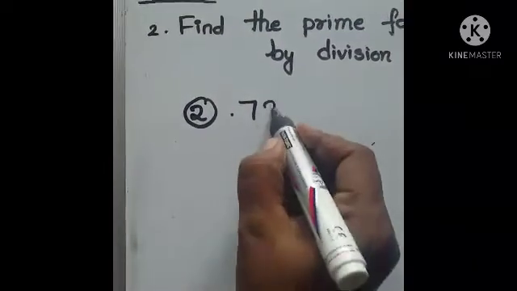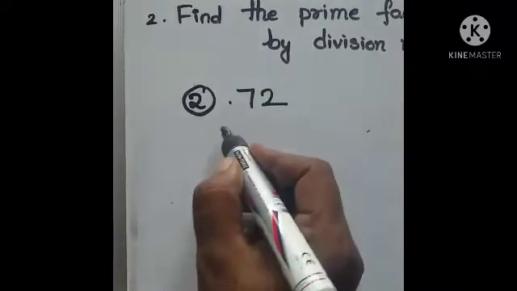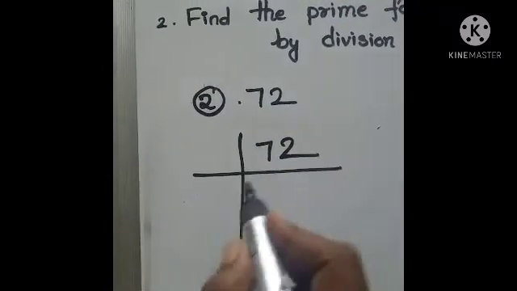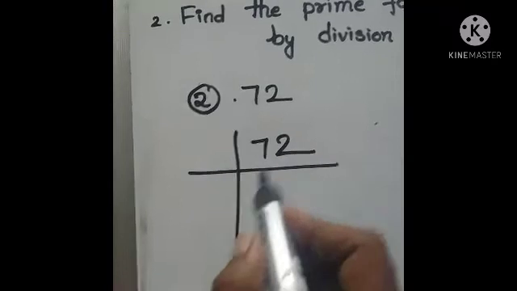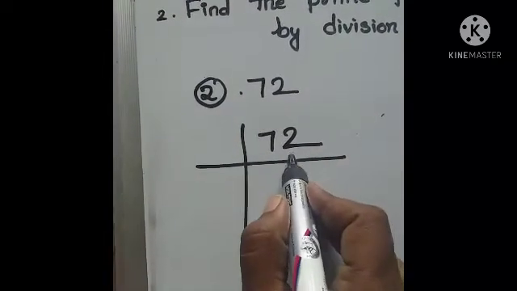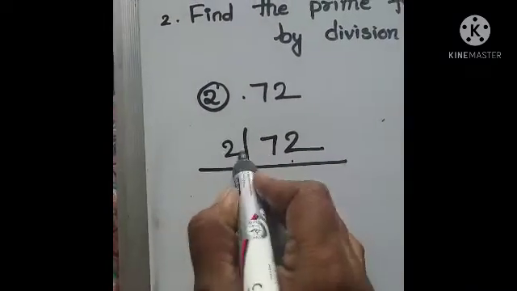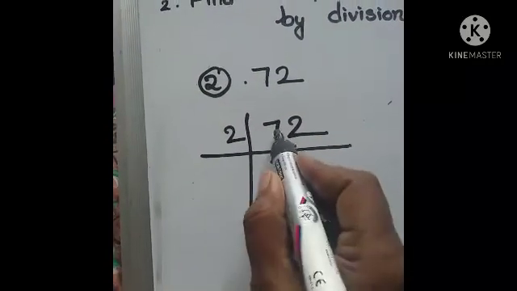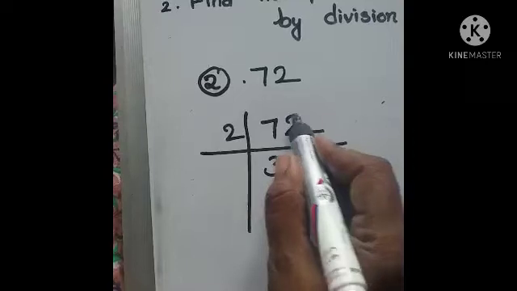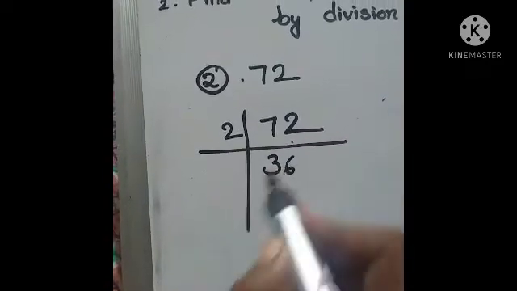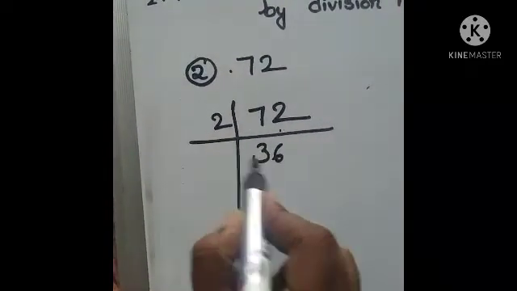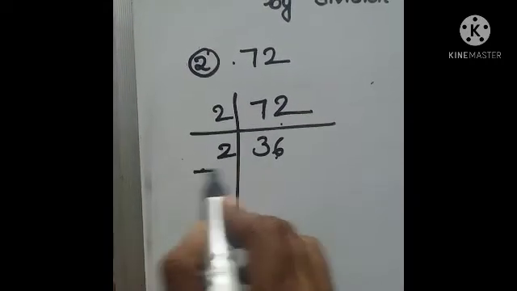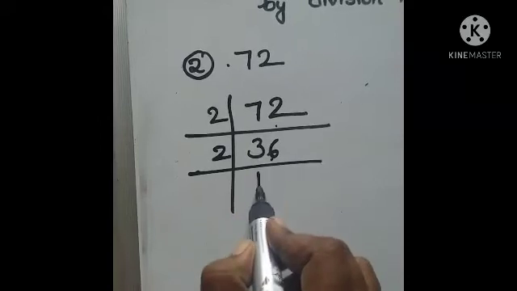Second one is 72. Find the prime factors using the division method. Here 72 is there. 2 is an even number, so the smallest prime number is 2. 2 3s are 6. Remainder 1. Leftover 1, 12. 2 6s are 12. Again here an even number, so 2, the smallest even prime number. 2 1s are 2.